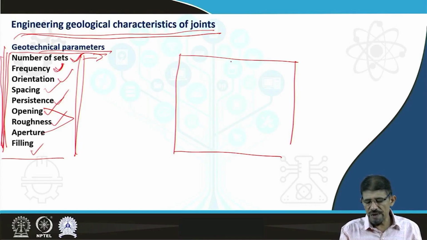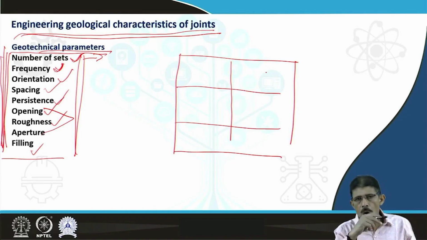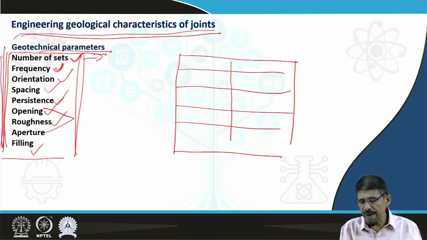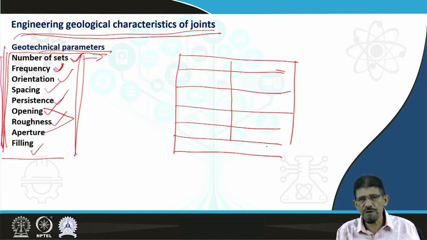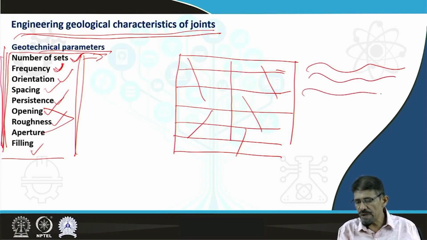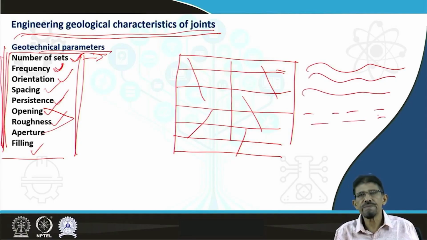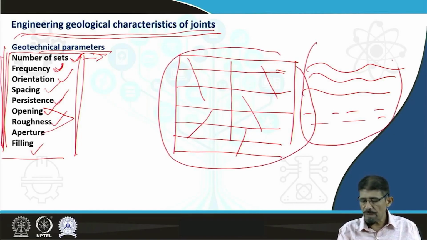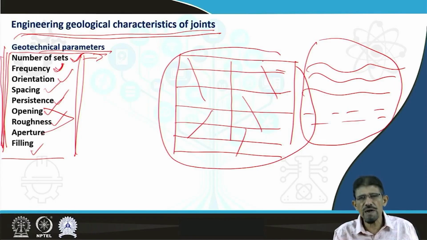As we have discussed in our previous discussion, the rock strata or rock stratum consists of some interfaces, like bedding planes in the case of sedimentary rocks, or some fractures in the case of igneous or metamorphic rocks, some foliations, some lineations. Various types of these interfaces are present in rock strata.